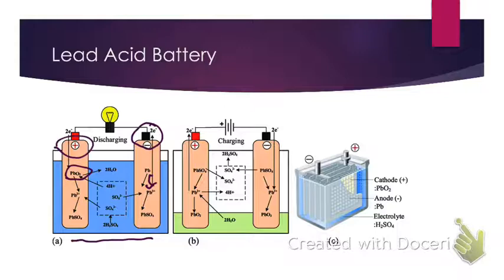So the diagram on the right shows how the battery simply reverses the process, where in the case of discharging, electrons flow from the anode to the cathode. In the charging mode, we see that the electrons are flowing in the opposite direction to regenerate the substances that were present originally.